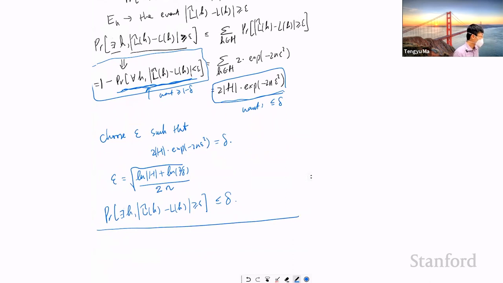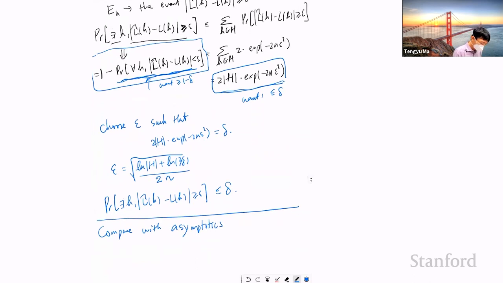Let me have a few remarks to interpret what we have done and compare it with what we did in the first lecture. If you compare with the asymptotic result, what you got is that the excess risk, L of h hat minus L of h star, is bounded by something like C over n plus o of 1 over n.